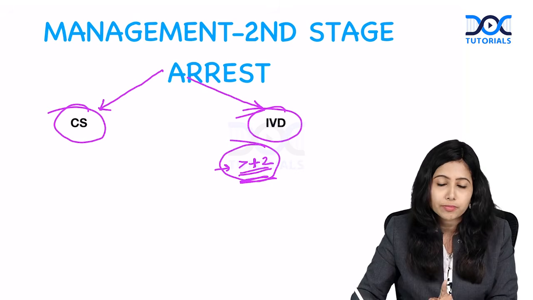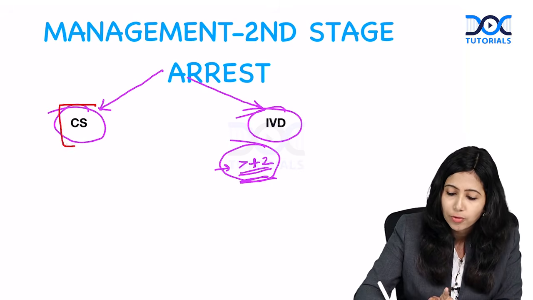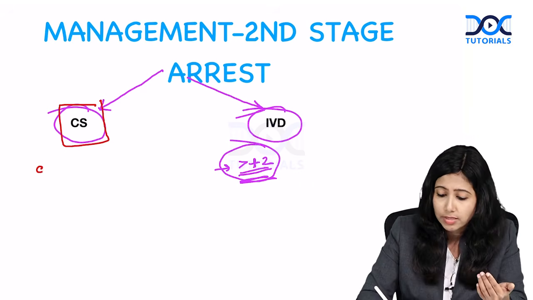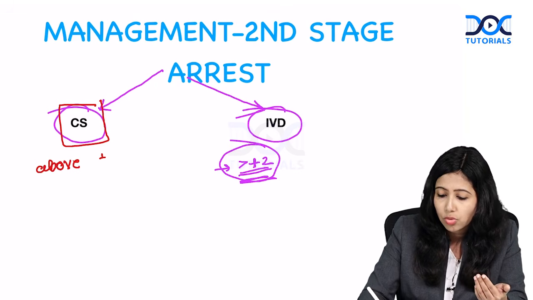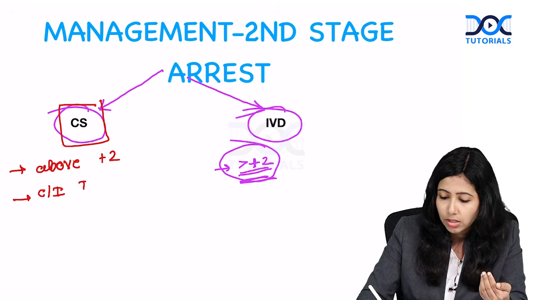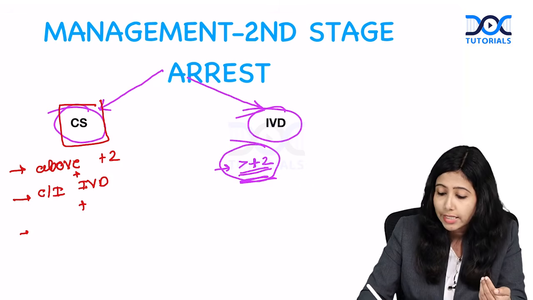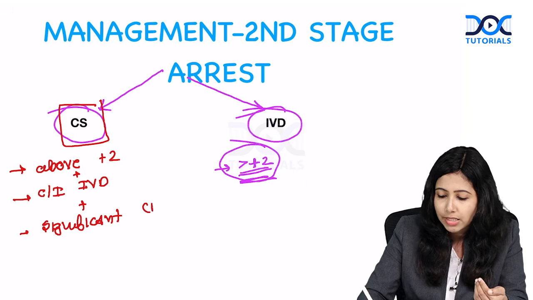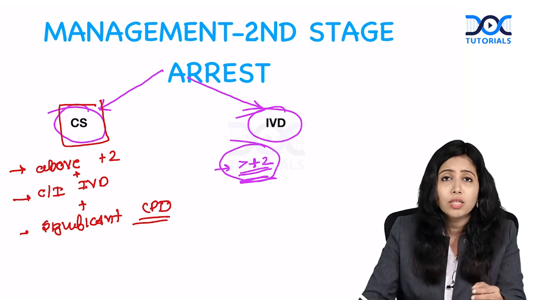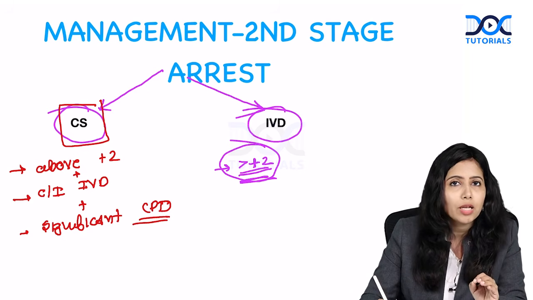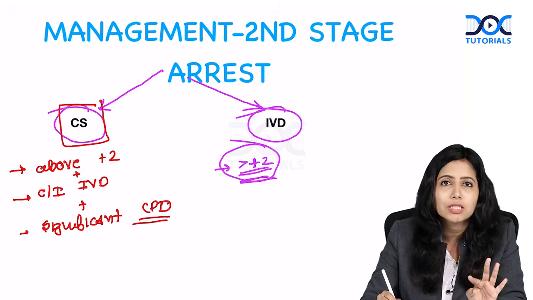If not, if the criteria are not fulfilled or the head is above +2, or there is any contraindication for using instrumental vaginal delivery, or you see that there is significant CPD, either in the form of significant molding or significant caput, then you are going to deliver the baby by cesarean section itself.